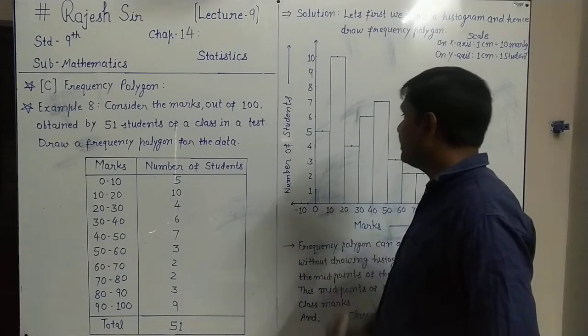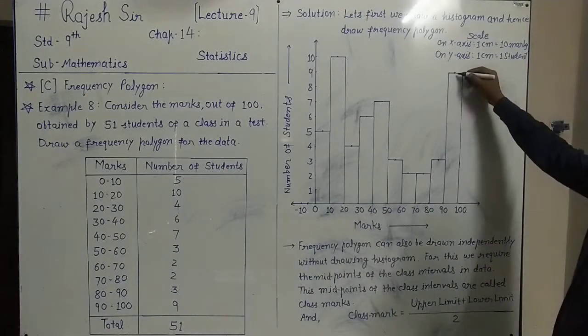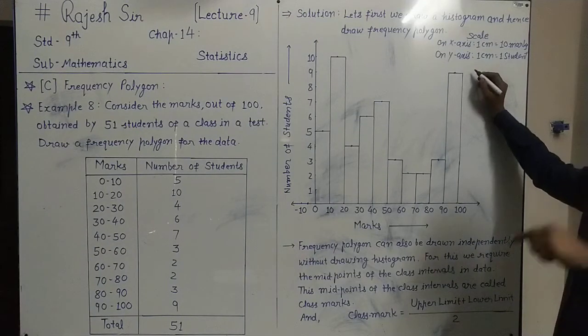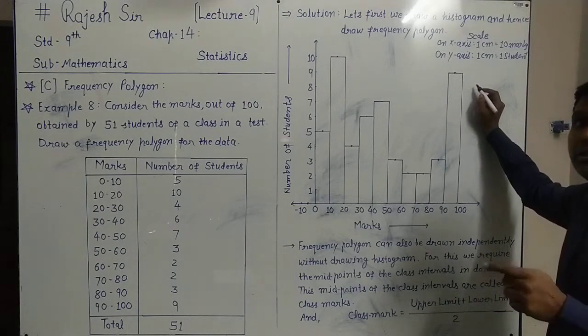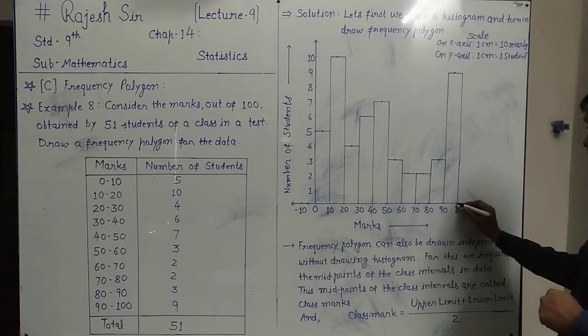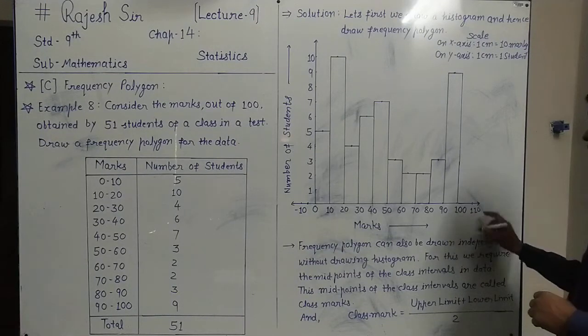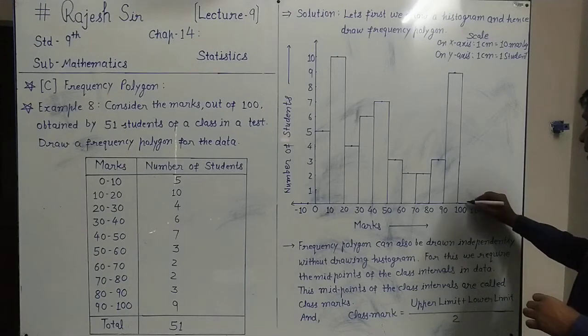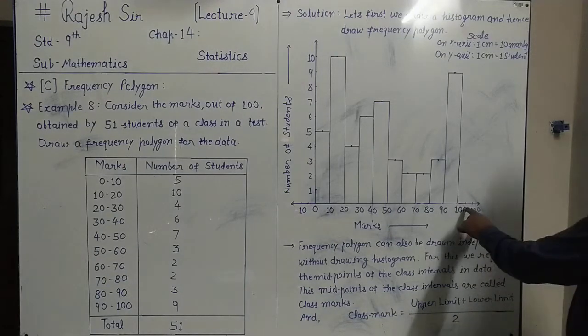We have to mark it. And the last is 95; after 95, with a gap of 10, the next one will be 105, the middle of 100 and 110.